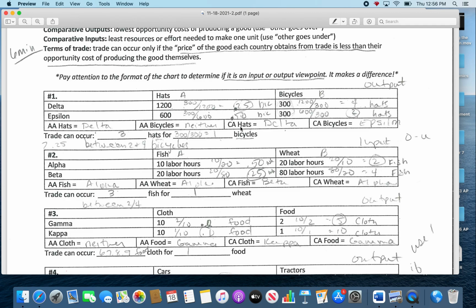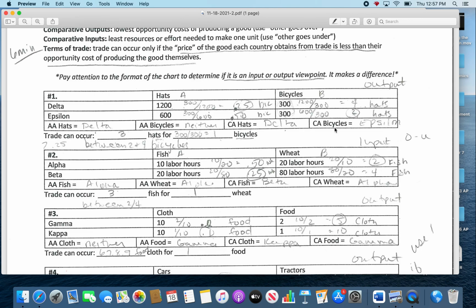So what we're looking at in terms of who has the comparative advantage in hats is who produces hats at the lowest opportunity cost. Delta's opportunity cost of producing hats is 0.25 of a bike. Epsilon is 0.5 of a bike, so the lower opportunity cost is Delta. And over here, who has the lower opportunity cost in creating bicycles?